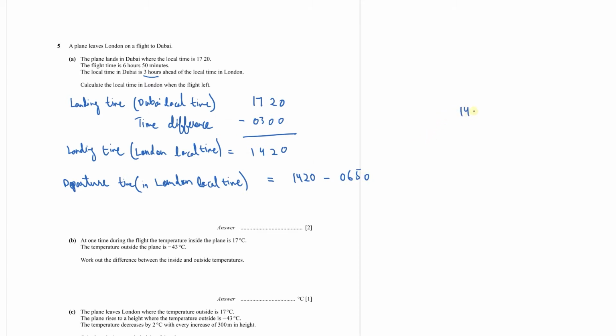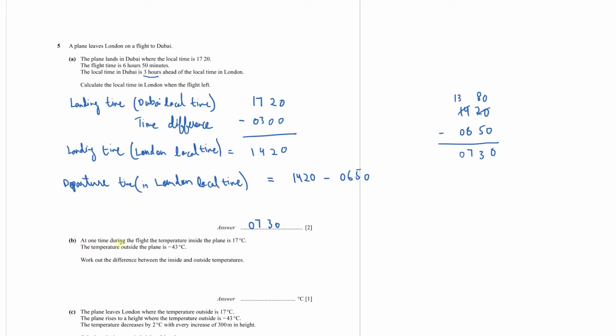So let's do that subtraction. 14:20 minus 0650. Since I cannot subtract 50 from 20, I have to carry 1 hour. So that will leave me 13 here, and this will become 60 plus 20, which is 80. 0 minus 0 is 0, 8 minus 5 is 3, and then 13 minus 6 is 07. So the local time in London when the flight departed is 0730 or 7:30 a.m.